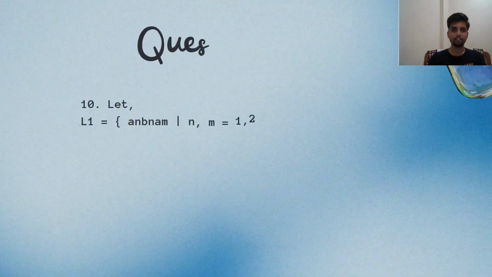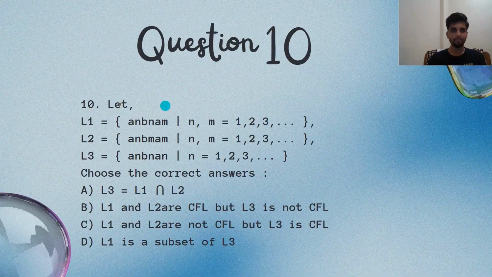Let's move to our next question, that is our question number 10. We have three sets. L1 is a raised to n, b raised to n and a raised to m, where n and m are 1, 2, 3. Language 2 is the set a raised to n, b raised to m and a raised to m, where n, m are also 1, 2, 3.